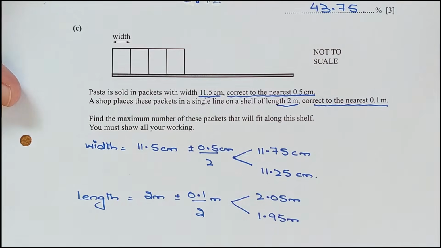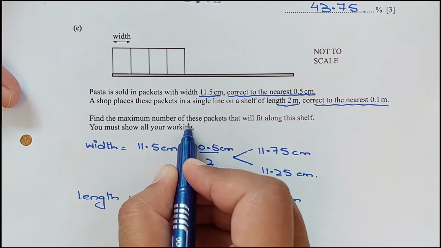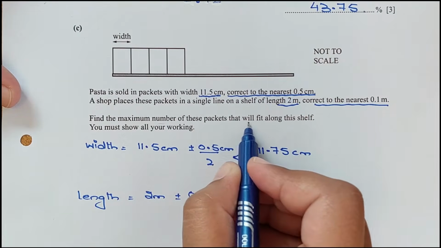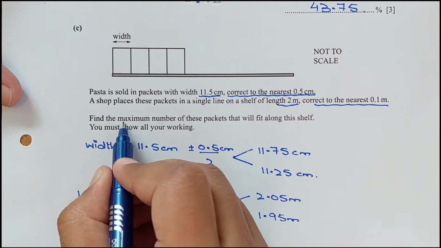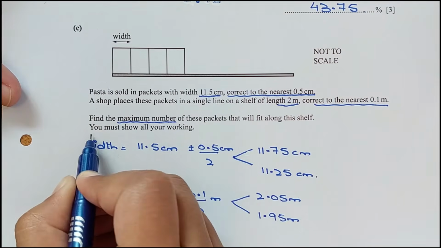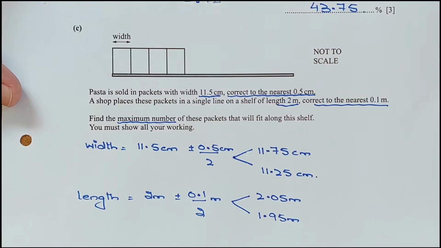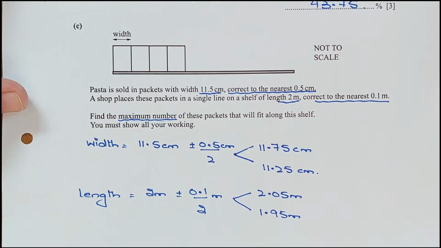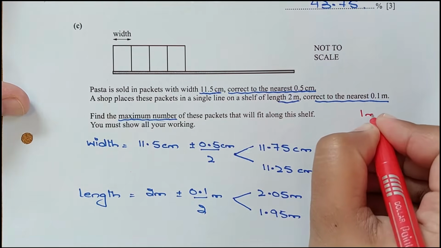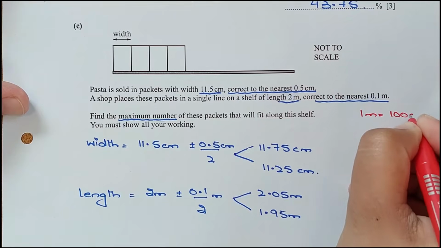All right, find the maximum number of these packets that will fit along this shelf. You must show all your working. So for this, let me convert meters into centimeters. We know that 1 meter is equal to 100 centimeters.